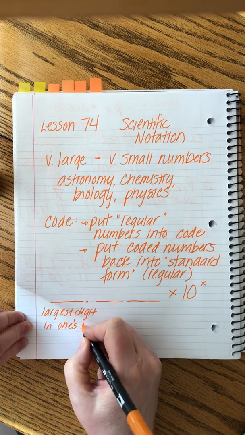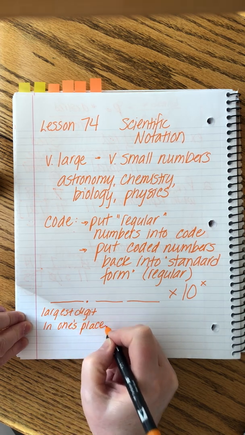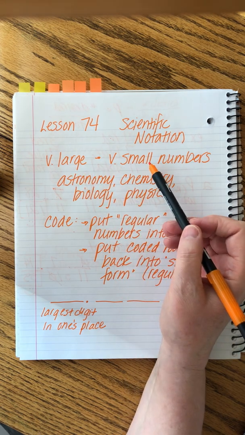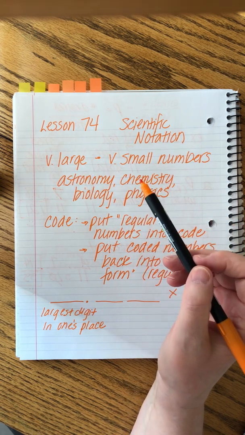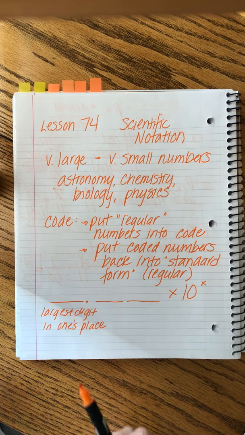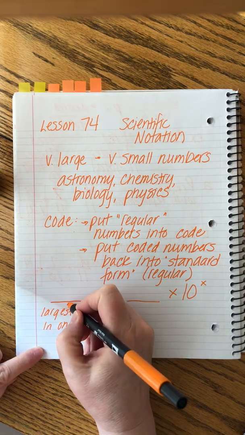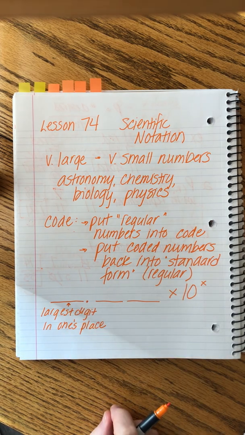Now, that may sound simple, and it is, but remember I said we're using very, very large numbers or very, very small numbers. So I take that number and I readjust it so that the largest digit is in the ones place.